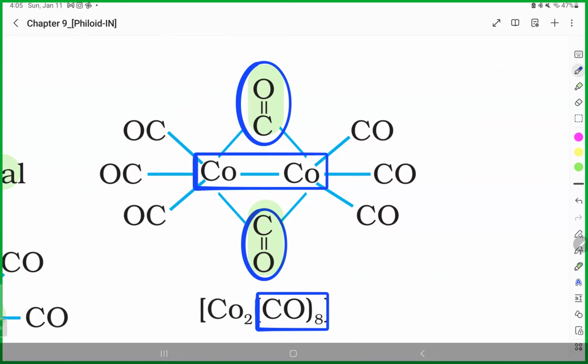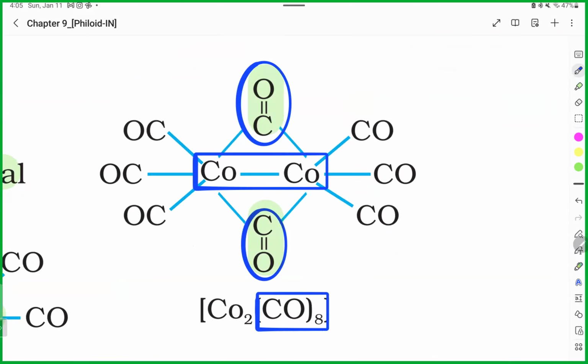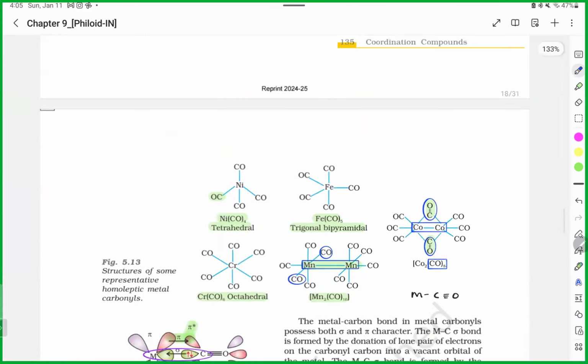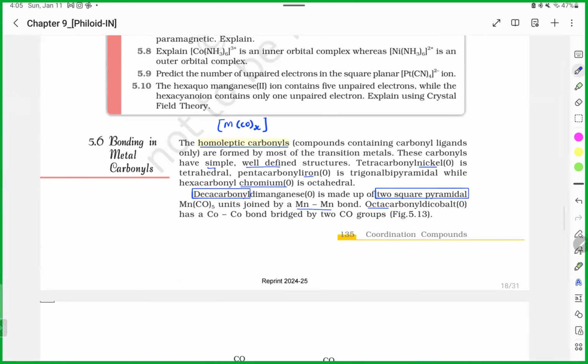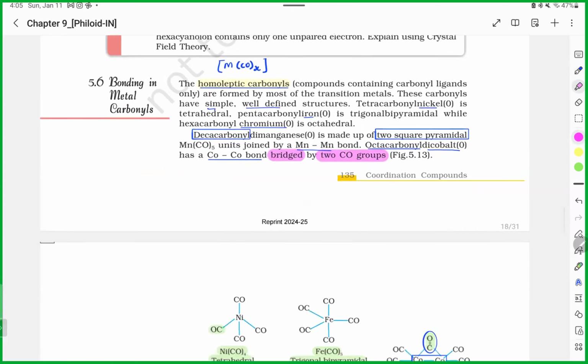I'll show you in a recent PYQ. Look at this. Octacarbonyldicobalt has a cobalt-cobalt bond, but at the same time there are two CO groups in the form of bridge.